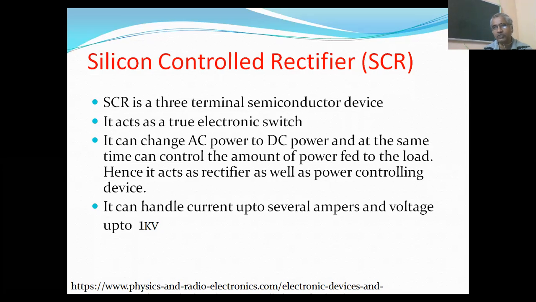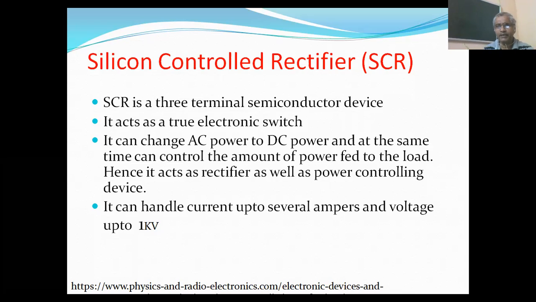So silicon is more thermally stable, meaning the number of charge carriers generated due to the temperature effect is very less in silicon material. Therefore these devices are made up of silicon material.